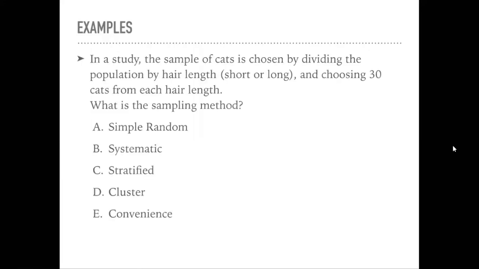In a study, the sample of cats is chosen by dividing the population by hair length, short or long, and choosing 30 cats from each hair length. What is the sampling method? Since we're dividing cats into subgroups, and then choosing some from each and every subgroup, that would be stratified sampling.